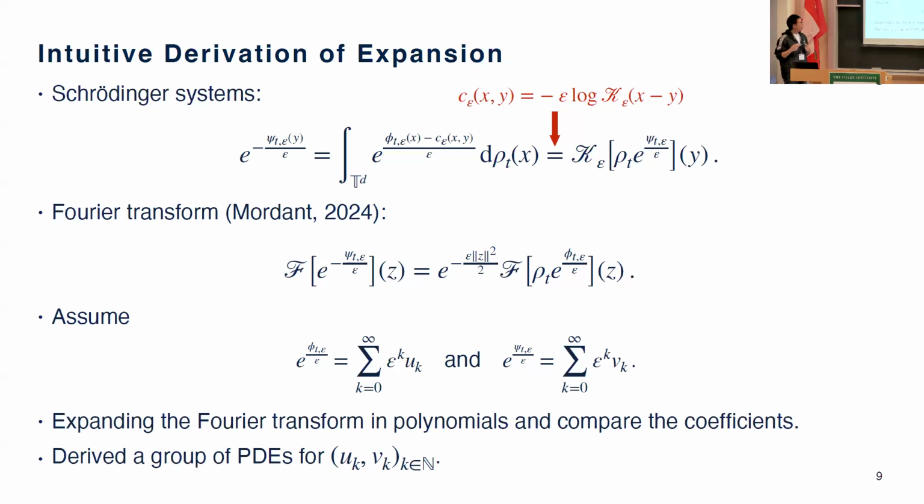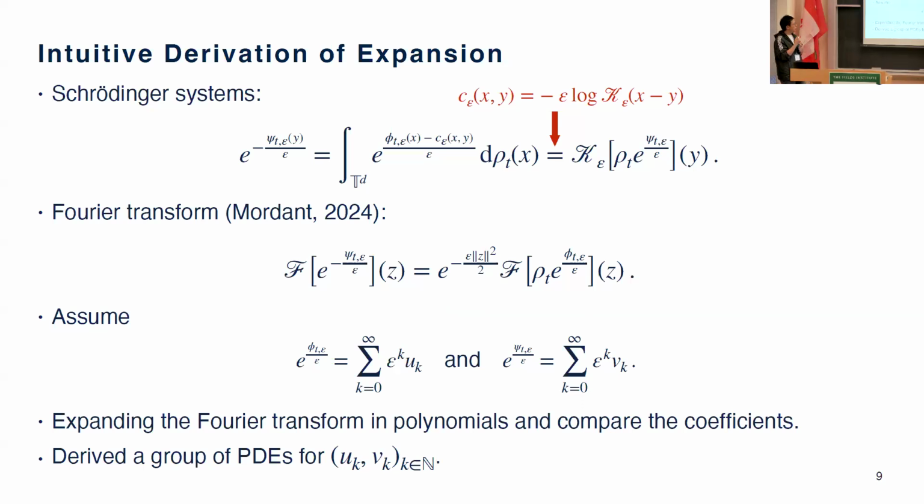And assuming everything is good enough, we can do a Taylor expansion for this exponential term, the exponential of the Schrodinger potentials, into infinitely many terms. And we can also expand this exponential term in epsilon into a polynomial with infinitely many order terms. In this case, both the left-hand side and the right-hand side turn into polynomials in epsilon with infinitely many order terms.